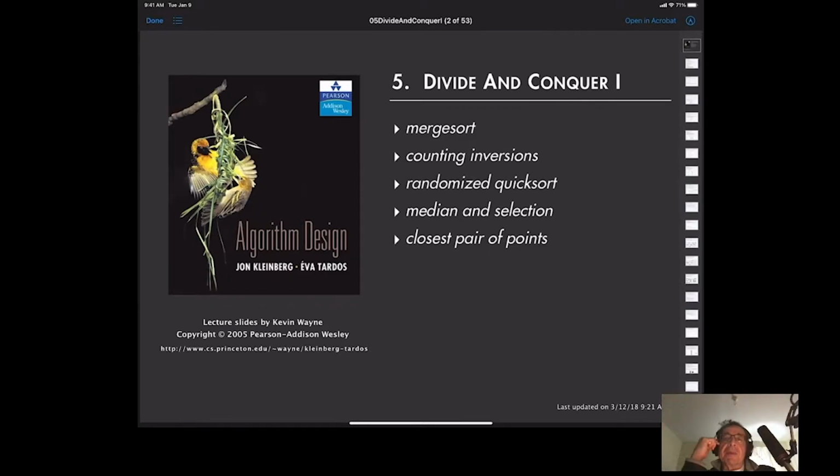There are several problems in which this strategy has become very successful, like merge sort or counting inversions in a ranking, or even in a sorting method like quicksort, the randomized quicksort, the median and selection, which are operations that are very common in the database development environment, and also geometrical problems such as the closest pair of points.